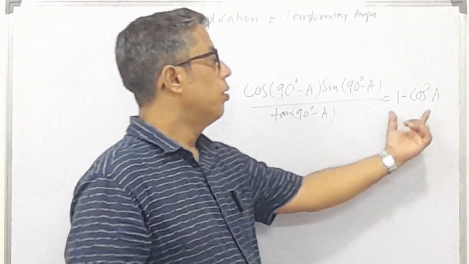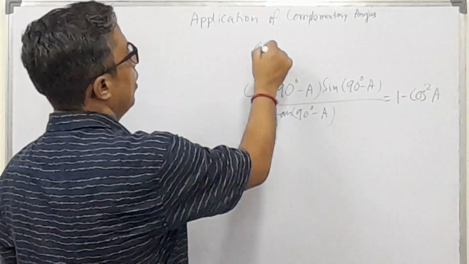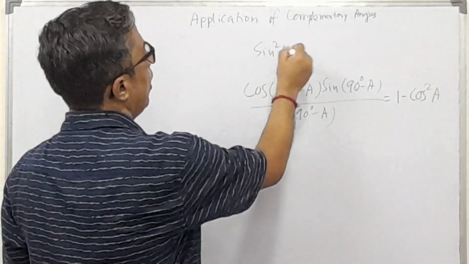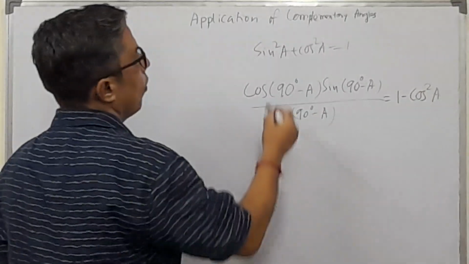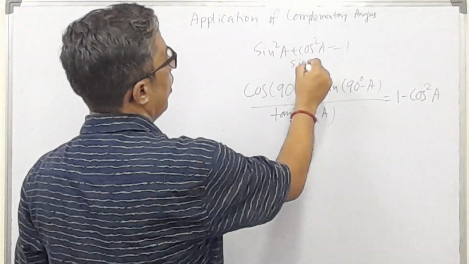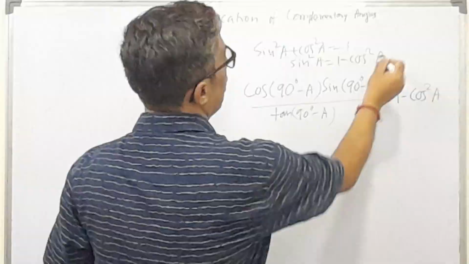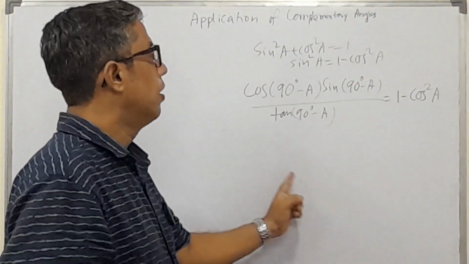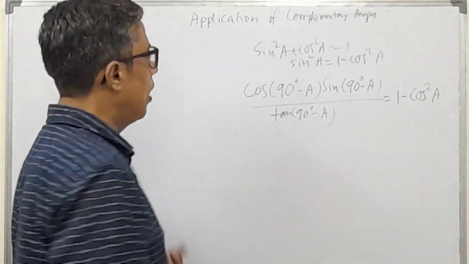There is a trick you have to follow. For cos square A, you know the formula, right? Sin square A plus cos square A is equal to 1. Or I can say sin square A is equal to 1 minus cos square A. So if I can prove sin square A from here, that will also help us, right? So let's go there.